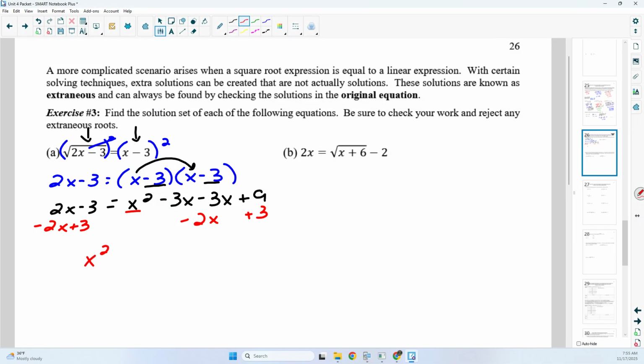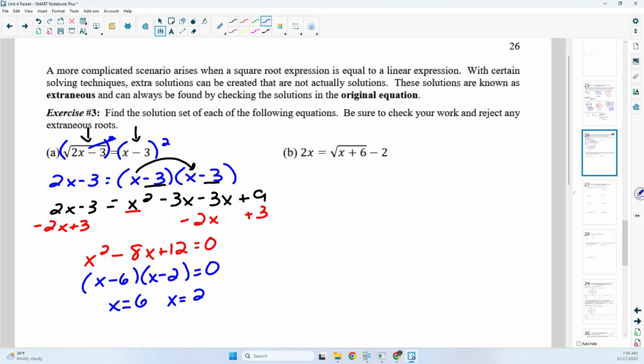And I get x squared minus 8x plus 12 equals 0. So from here, I'm going to factor the equation. And I solve, and I get x equals 6 and x equals 2.